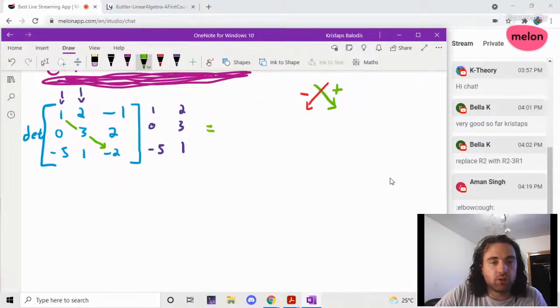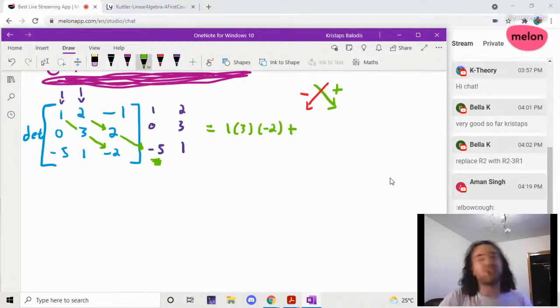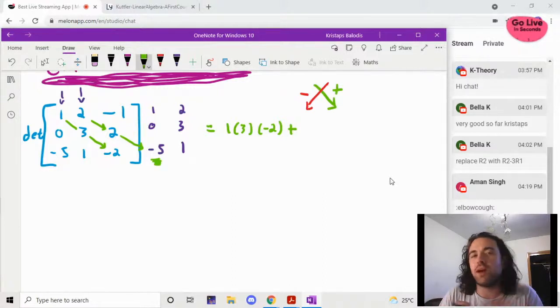So I multiply down this way. I get 1 times 3 times -2, and positive out in front. So plus 1 times 3 times -2. And now this is why this other column is here. I know this isn't a very good explanation of why this works. Maybe in next week's live stream, I'll explain more why it's true, because it's important to know that.